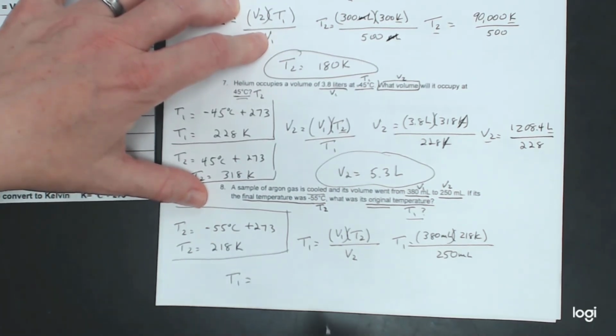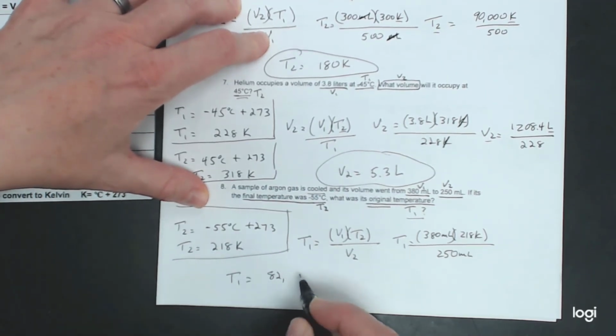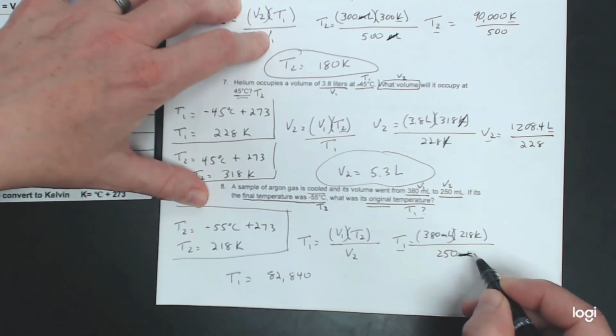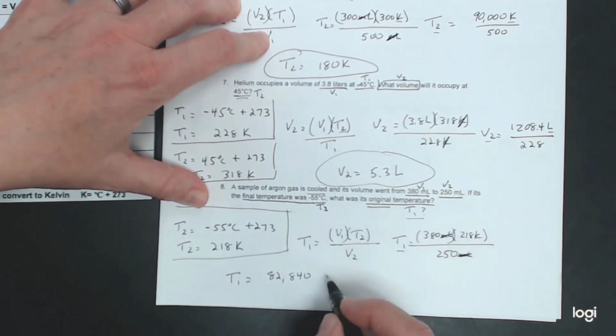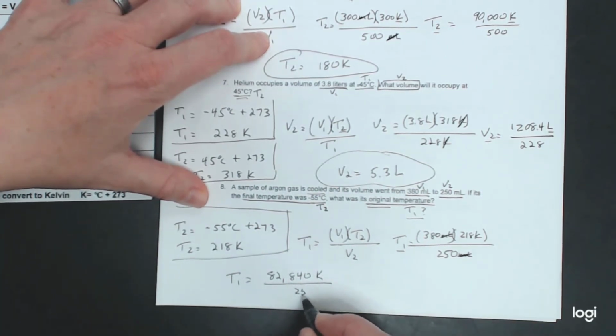And I end up with 82,840. And specifically as far as units, remember, I want a temperature, so I know my units are going to have to be K, so I'm going to cross out my units of volume, and I end up with 82,840 K over 250.